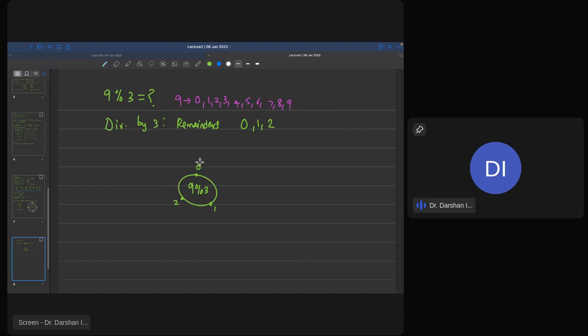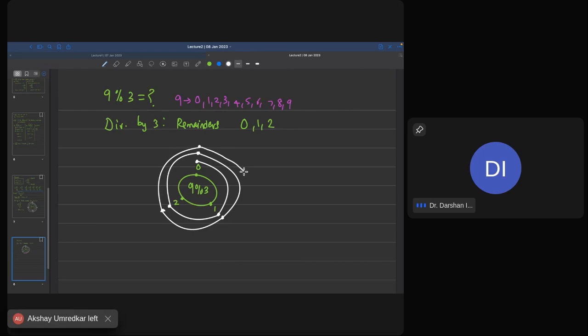Using the white ink, I always start from here. 0 to 1, 2, 3, 4, 5, 6, 7, 8, 9.